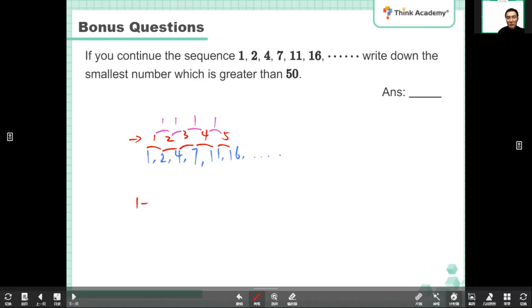The 2 is 1 plus 1. The 4 is 1 plus 1 plus 2. The 7 is 1 plus 1 plus 2 plus 3. So we're always adding the 1 at the beginning, the first term.